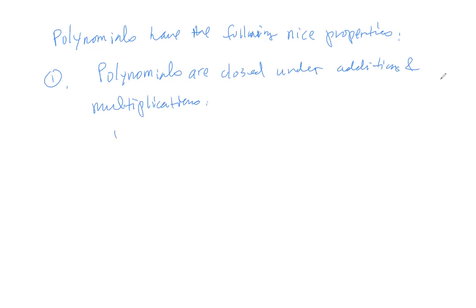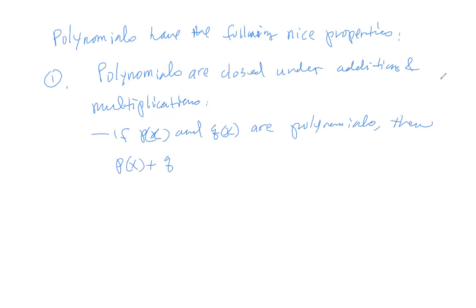In other words, if P of X and Q of X are polynomials, then P of X plus Q of X and P of X times Q of X are also polynomials.